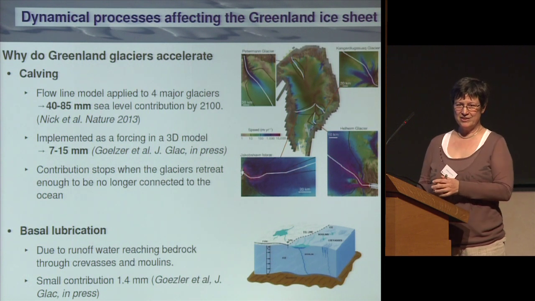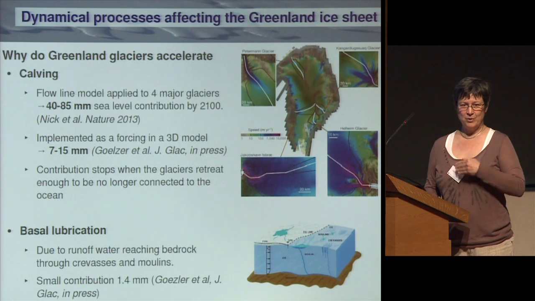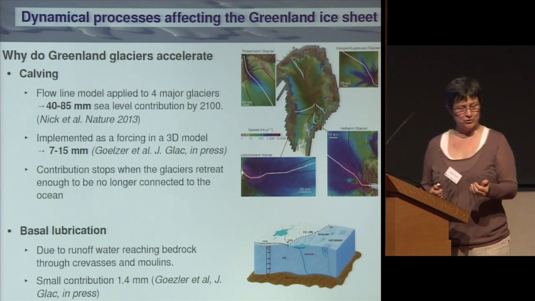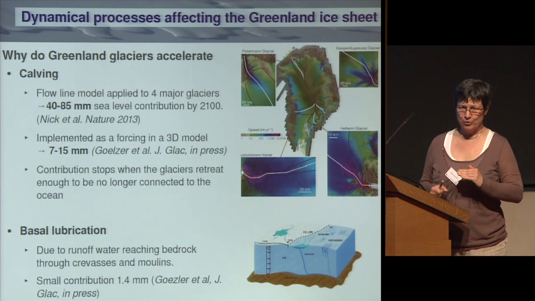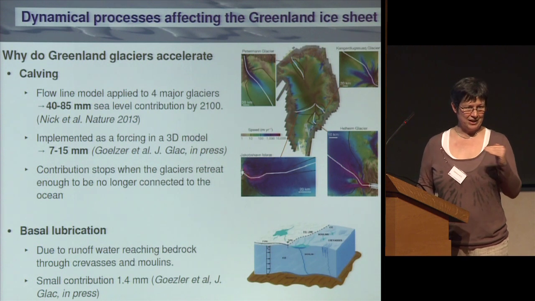One of the reasons is that here again, it's not a monotonous process. When you have water reaching the bedrock, at the beginning, the water pressure increases, and then the ice accelerates.